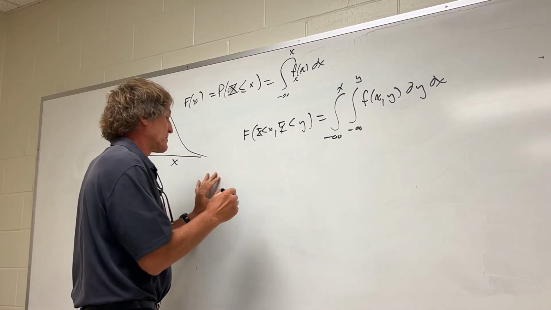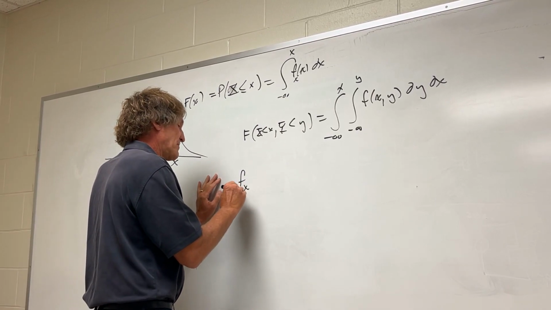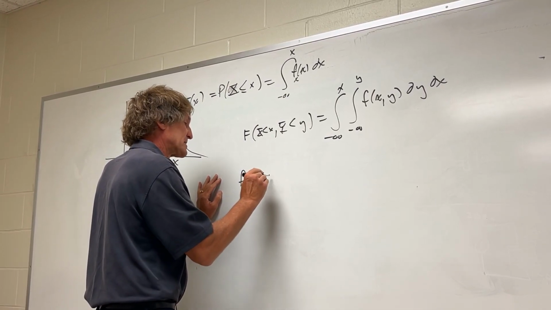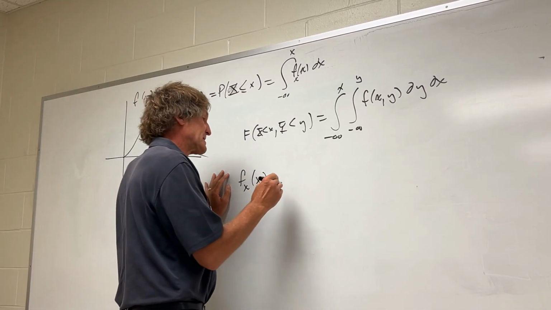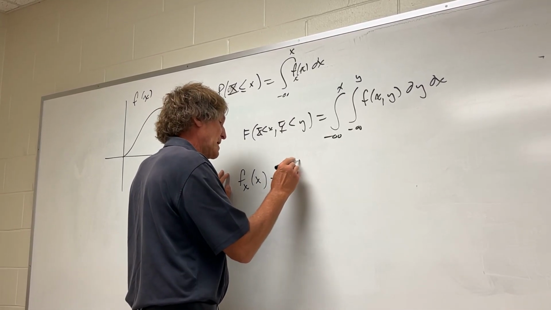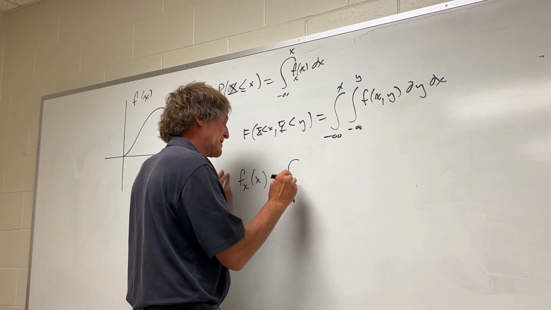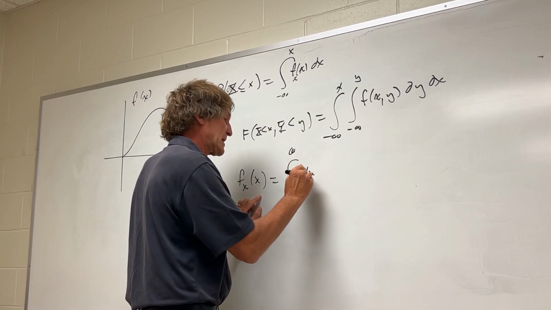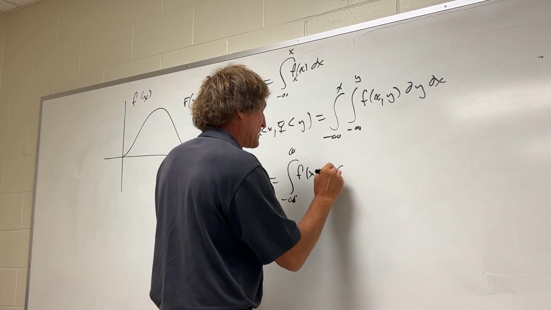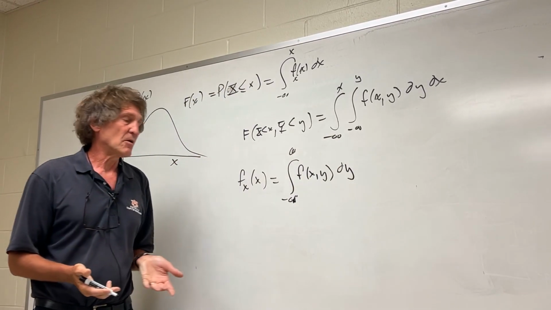Next, if I want f of x and I have a joint density function, then that's equal to the integral from minus infinity to infinity of f of x,y dy. So I integrate out y to get f of x.